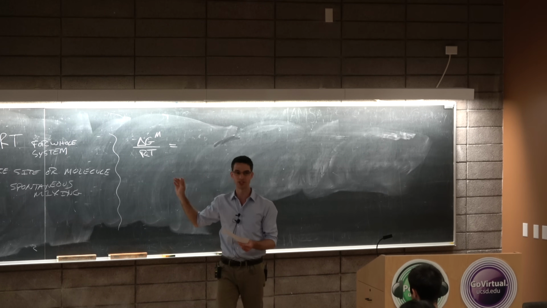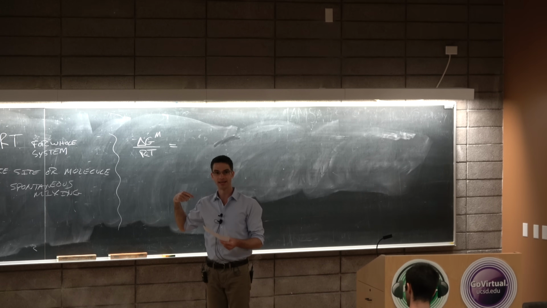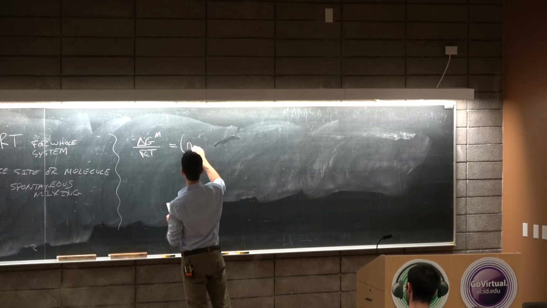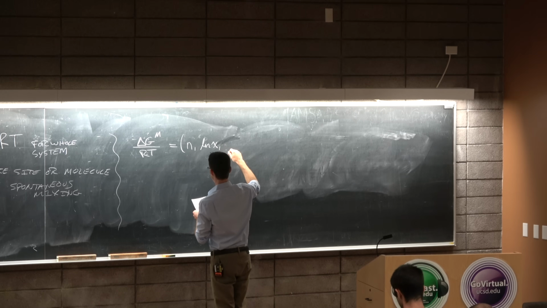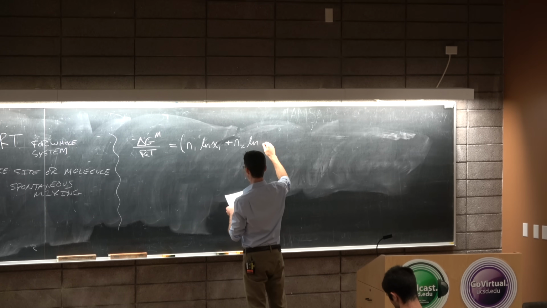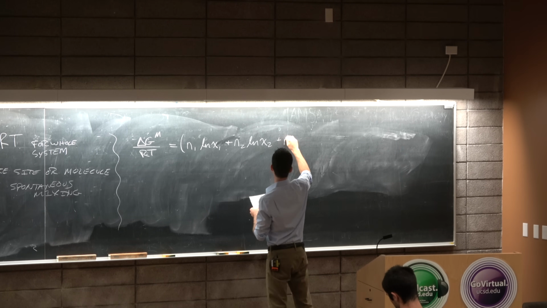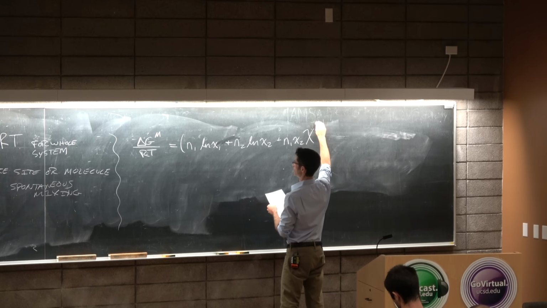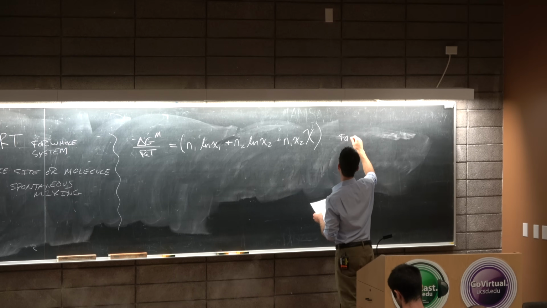This is the delta G of the regular solution is N1 natural log X1 plus N2 natural log X2 plus N1 X2 chi, and this is for the system in terms of moles.